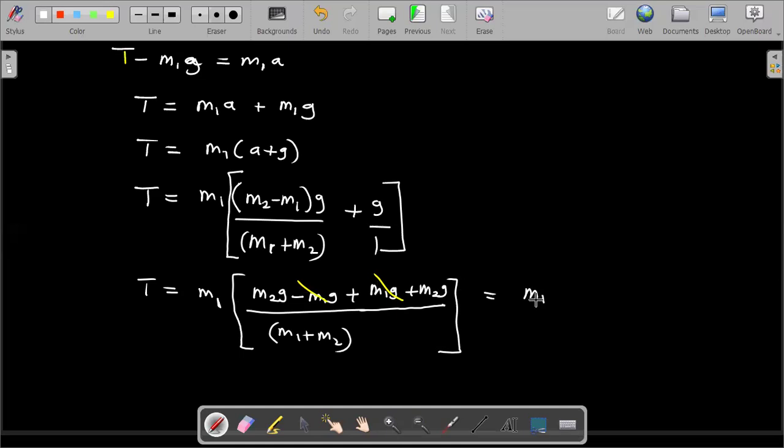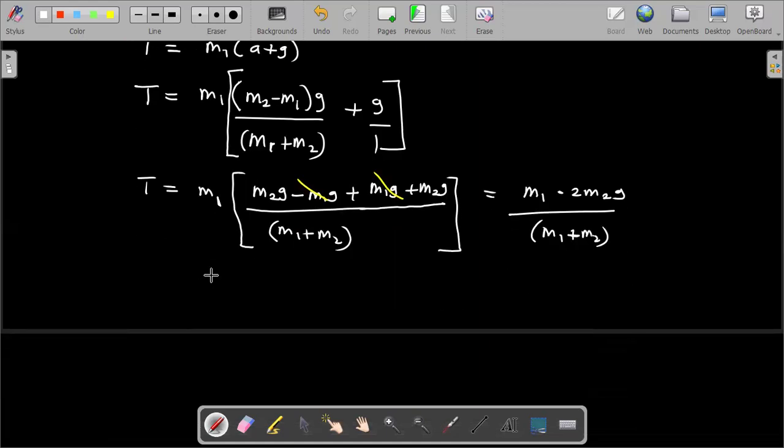So we have M1, M2, we have M2G plus M2G. That gives us 2M2G. So we have this one times 2M2G all over M1 plus M2. Okay, meaning our tension can be gotten by doubling the product of M1 and M2 multiplied by gravity and dividing by the sum of M1 and M2.